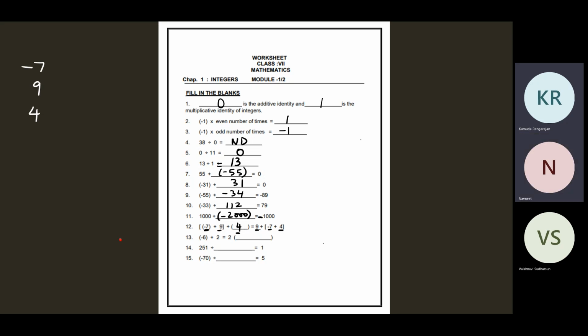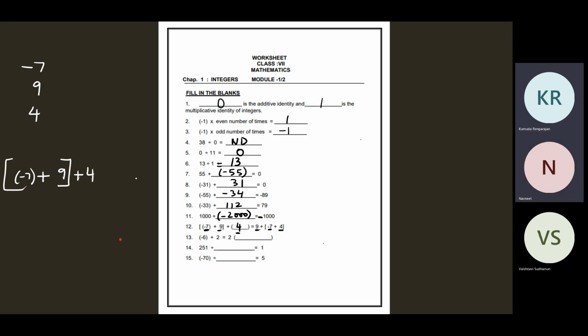But we know that integers are associative under addition. So you can add them in any order. On the left hand side, you see minus 7 plus 9. These 2 numbers are grouped, and you can see plus 4 outside.